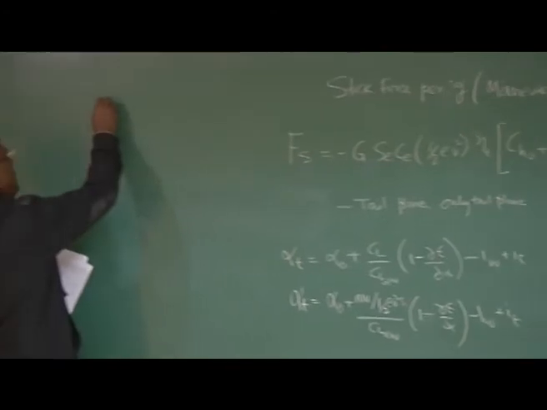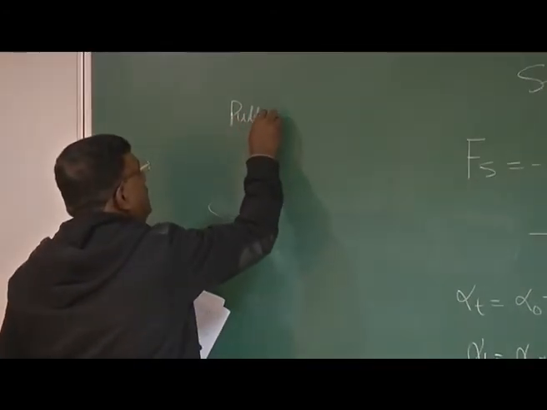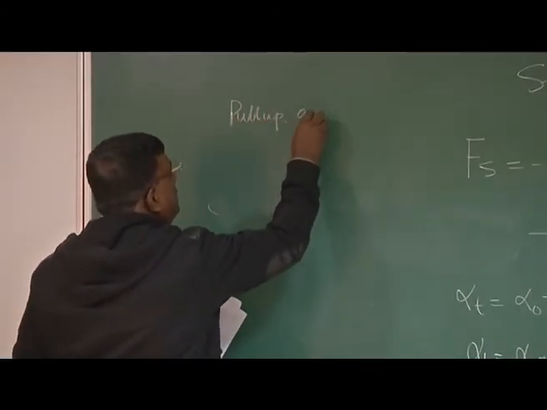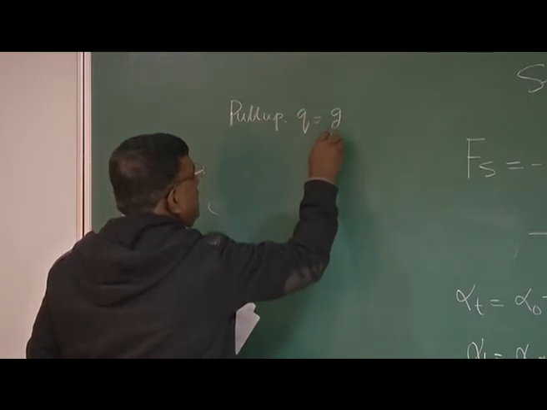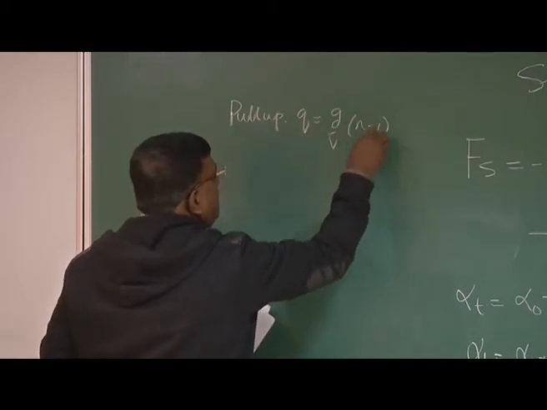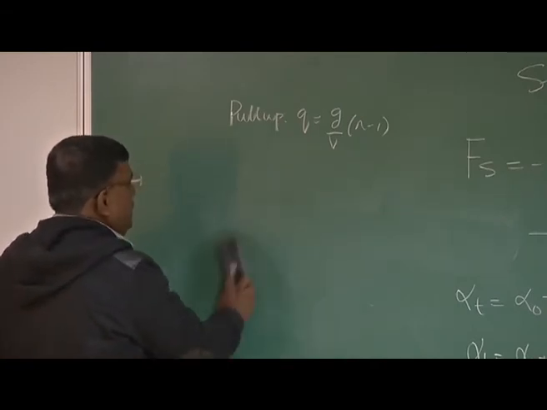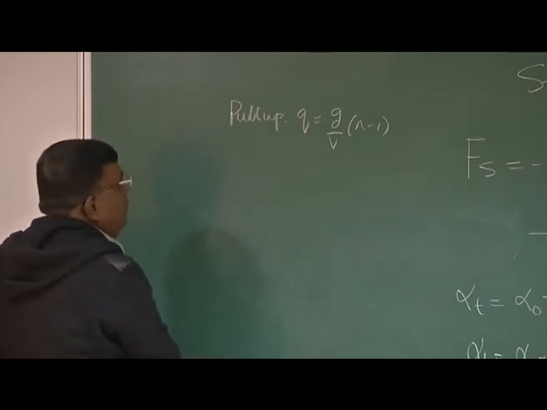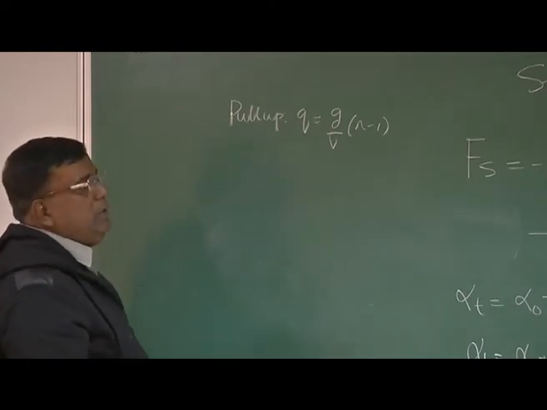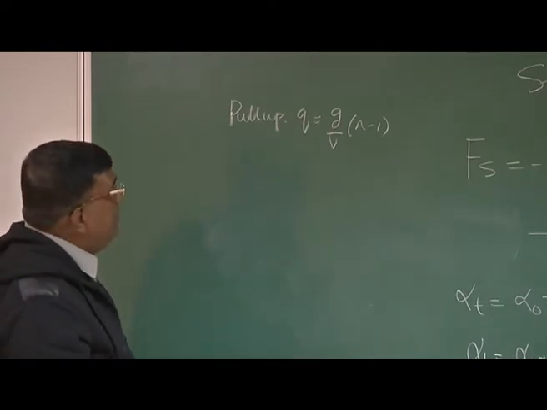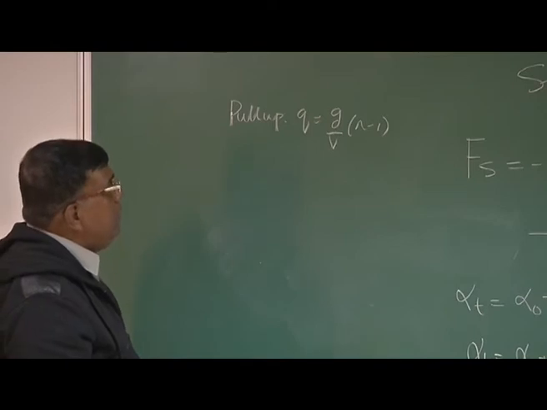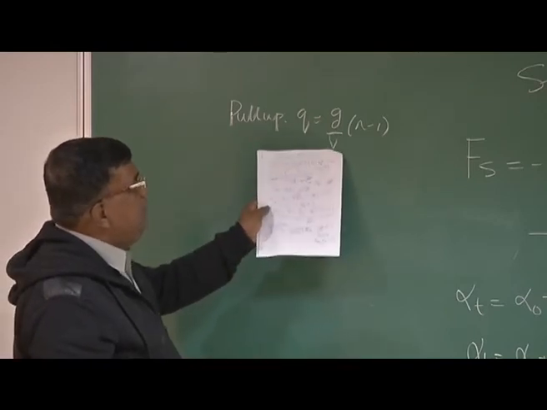We have already done the pull-up. We know Q is nothing but G by V times n minus 1. I will take the case of pull-up and I will write the general solution for turn, which you are supposed to do. Either you do it yourself or we will do it through assignments. So we will consider the pull-up case where Q is G by V times n minus 1.